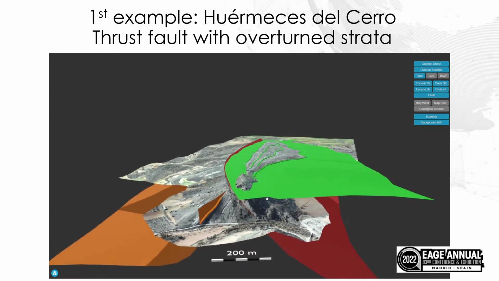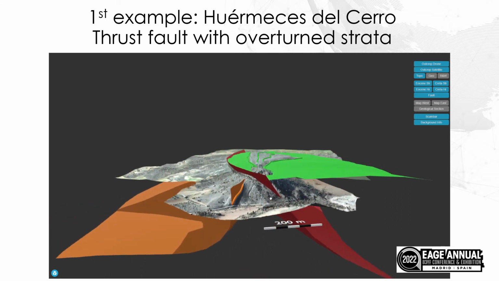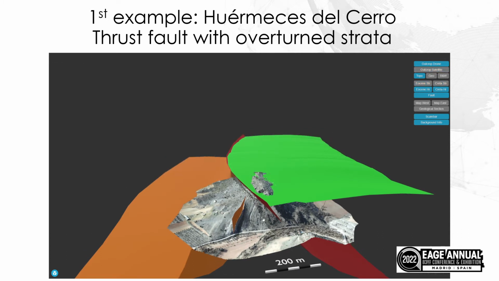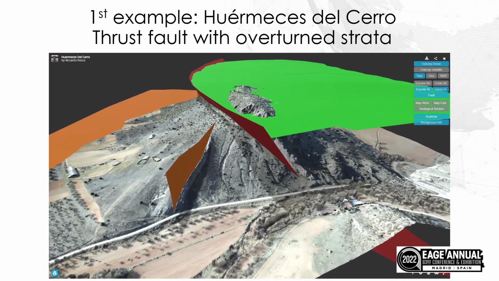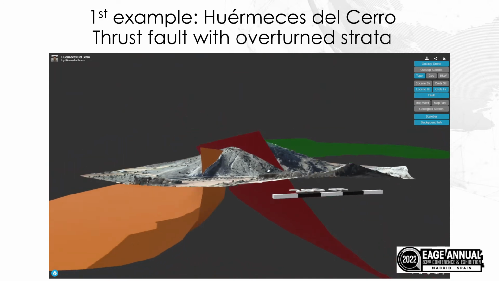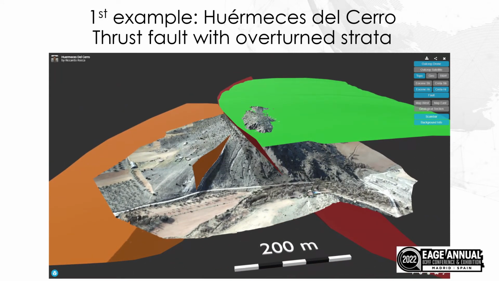So if we now switch off all the additional elements, we remain with the initial outcrop, but this time completed with all these graphic elements that help us understand what is the full geological structure represented by the outcrop.